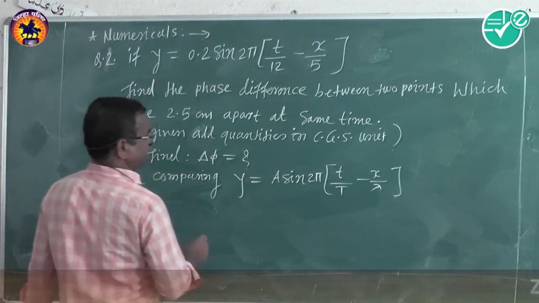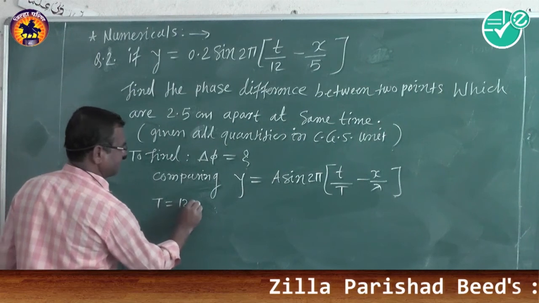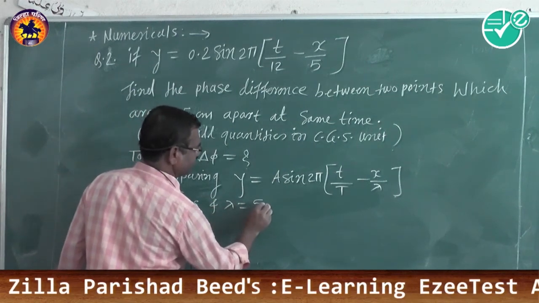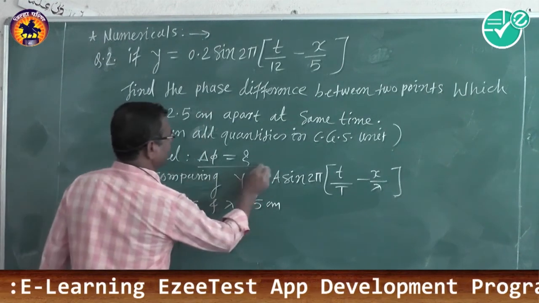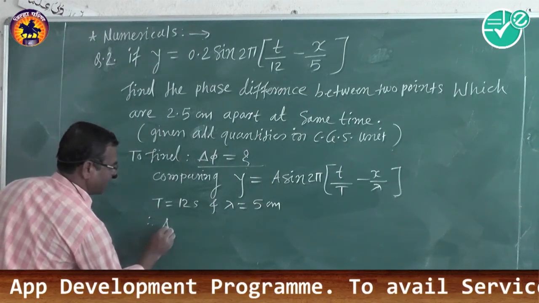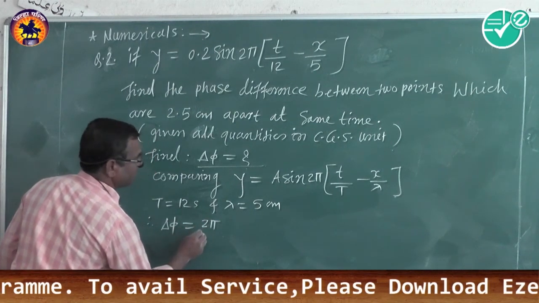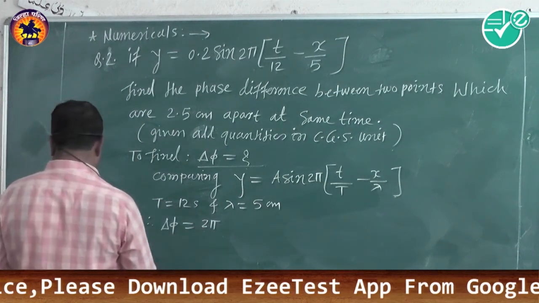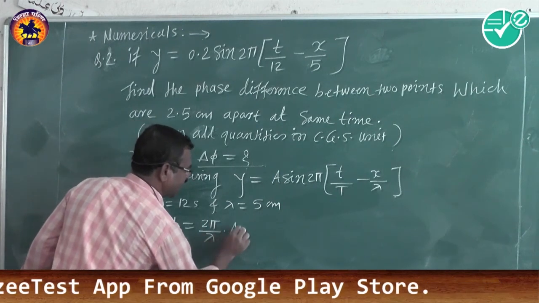Therefore, here T is equal to 12 second and lambda is equal to 5 centimeter. We are finding delta phi. Use the formula delta phi is equal to 2 pi upon lambda into delta x.